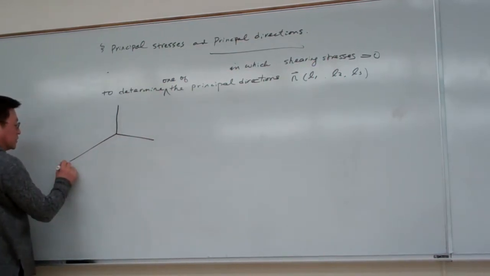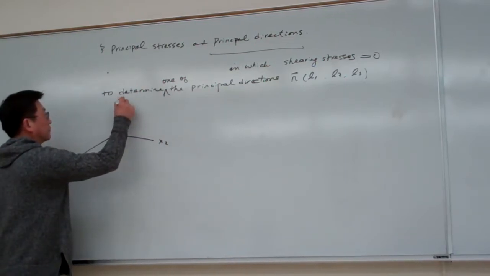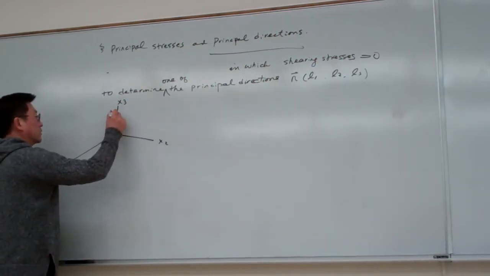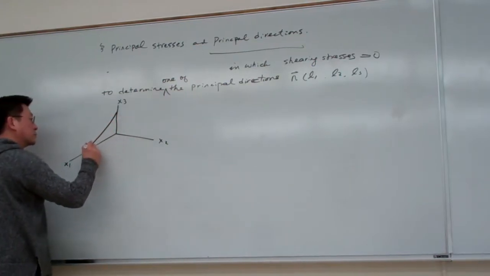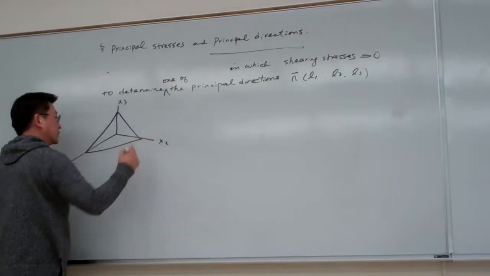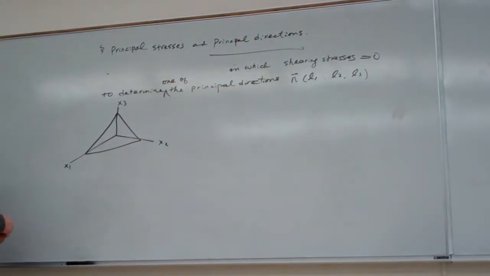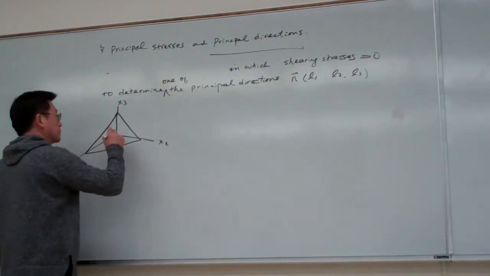So this is the x1, x2, x3 directions. In that particular orientation, let me try to draw it. So that is the inclined plane in such a spatial orientation, and n is the unit normal vector.